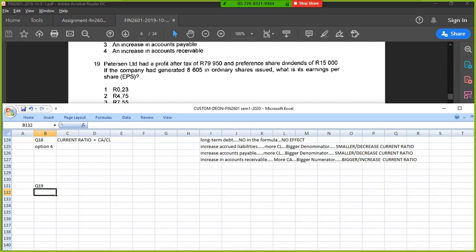Sometimes if this question was a bit more difficult, they will give you profit before tax. Then you've got to deduct the 28% tax for the company. But it's not the case here. They've given you after tax, but that's something to note as well. Sometimes they even give you EBIT, earnings before interest and tax, and you've got to deduct the interest and the tax.